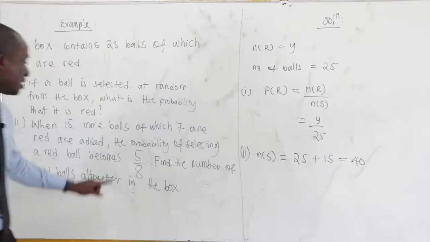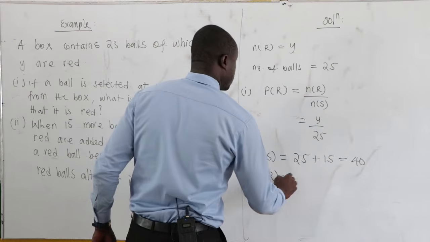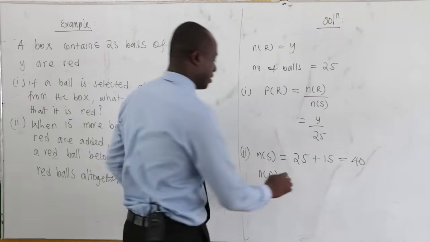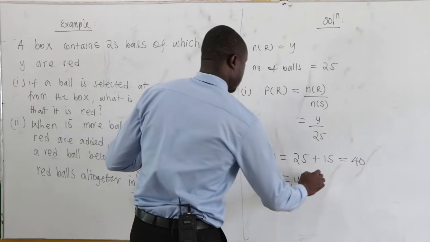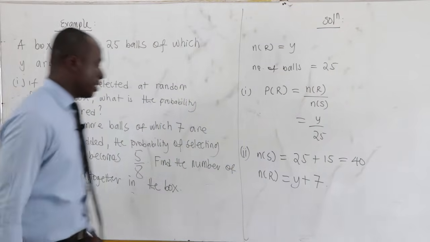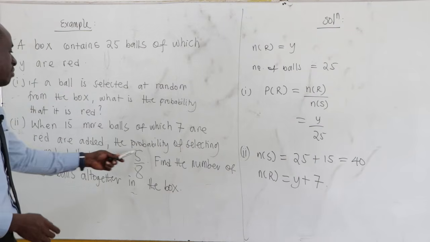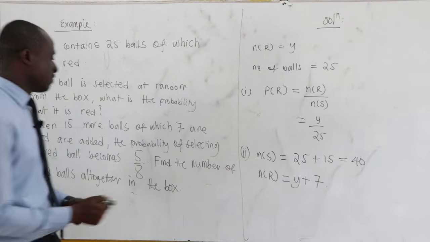Now we are being told that 7 are red, so number of red balls now. Previously it was y. Now we have added 7, so our number of red balls becomes y plus 7. Now we are being told that the probability of selecting a red ball becomes 5 over 8.